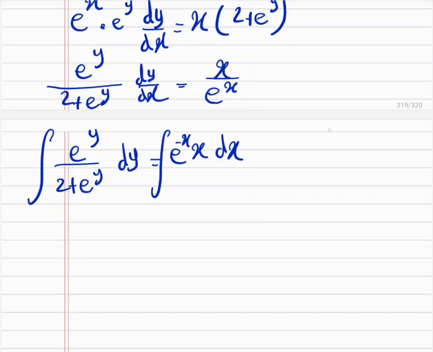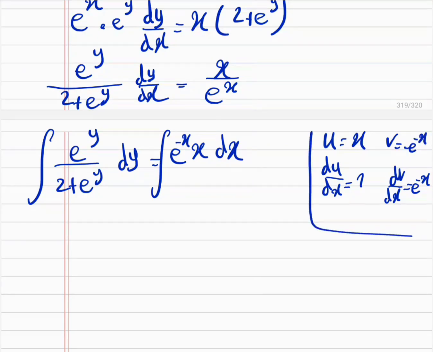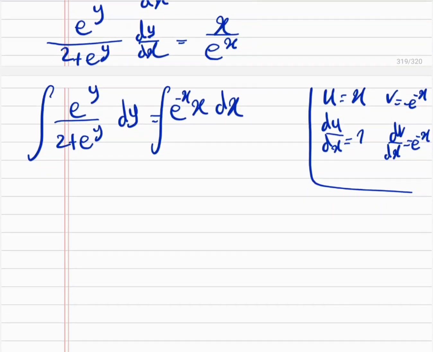So for the right hand side, let u be equal to x, so du by dx is equal to 1, and then let dv by dx be e to the minus x. So therefore v is equal to minus e to the power minus x. Okay, so now let's also write the rest of the steps here.